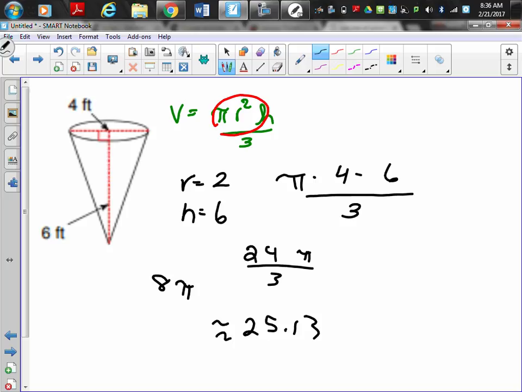25.13. Now, when we're talking about volume, who can remember how we label our volume? Who remembers how do we label all of our volume? How do we label volume?